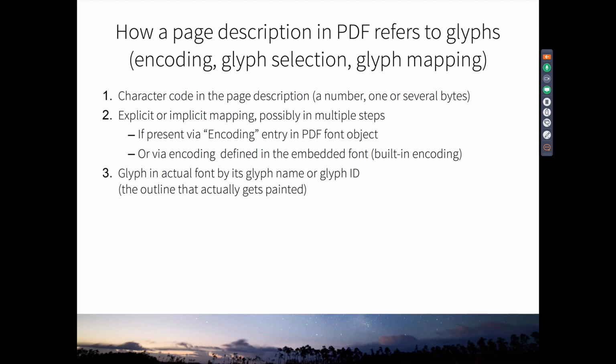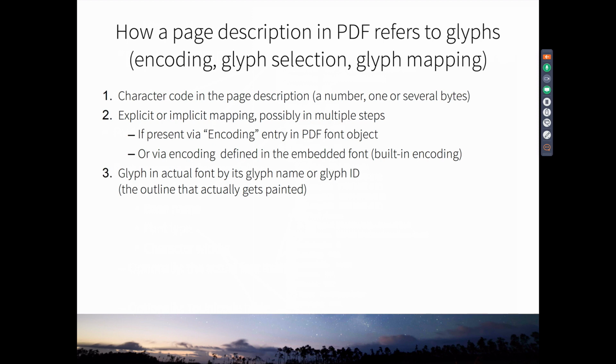So how does it now happen? So how is this information used in order to display text? So on the PDF page, you have a character code for each glyph that you want to paint on a page. You have a code in the page description. And that could be 1 or several bytes. It's a number. Basically everything in a file or in a computer is a number.